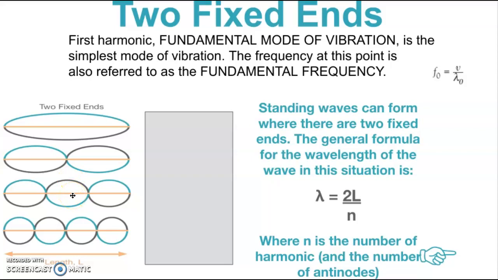And that 3 that I've divided L by happens to be the harmonic, so N equals 3. You can apply that to here as well. If I divide L into half wavelengths, there's 4, and then I multiply it by 2, and that gives me the length of one wavelength, which is 2L over 4.